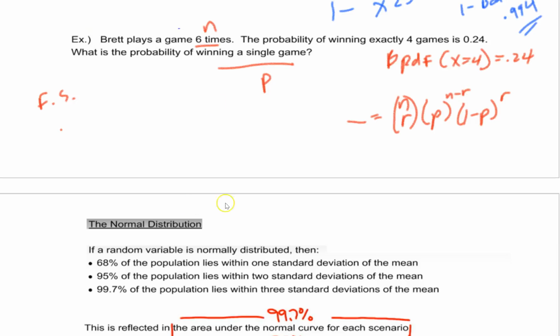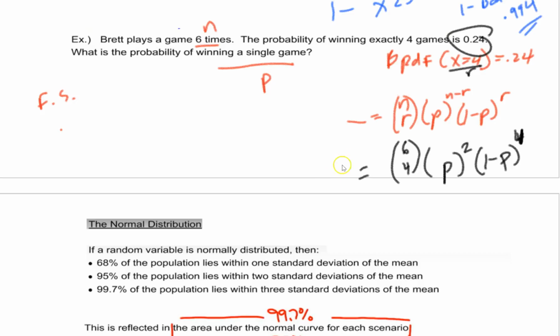And we're going to put stuff in we know. I know this is 6 because that's my n. I know my r is 4. I want exactly 4. Probability, I don't know. N minus r is going to be 2. 1 minus probability is 4. All this equals, I know what the answer is, 0.24.